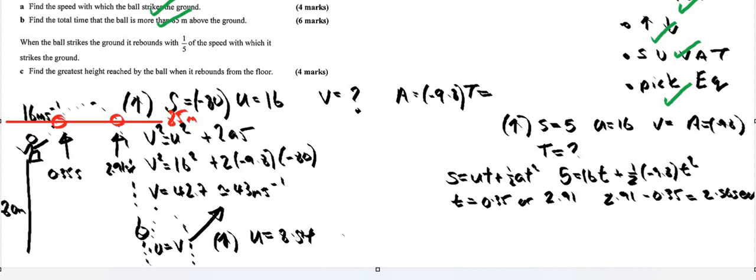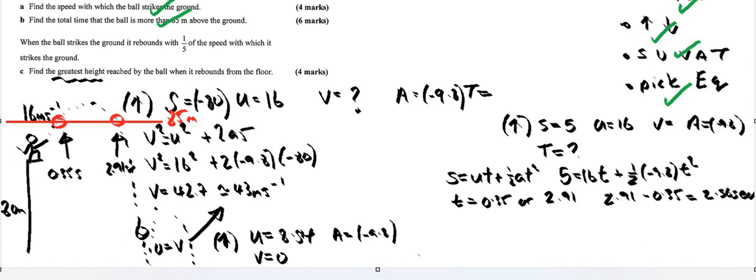Okay, and I want to know the greatest height. Now remember, the greatest height is the point where it's lost all of its velocity, and it's just about to start falling. So that means that V is going to be 0. Okay, and then again, A is minus 9.8 because we're going up.